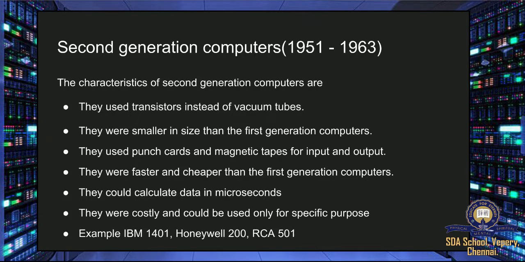The second generation computers were smaller in size than the first generation computers. I have already told you that the first generation computers were as big as a room, but the second generation computers were smaller than the first generation.